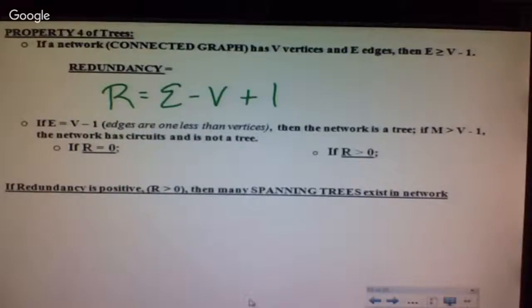That's why I told you it's how many edges you need to remove to make it a tree. You know that your edges always have to be 1 less than your vertices, so you should be able to tell me what the redundancy is without it being a formula. If your redundancy is 0, we have a tree. If your redundancy is greater than 0, we do not have a tree.